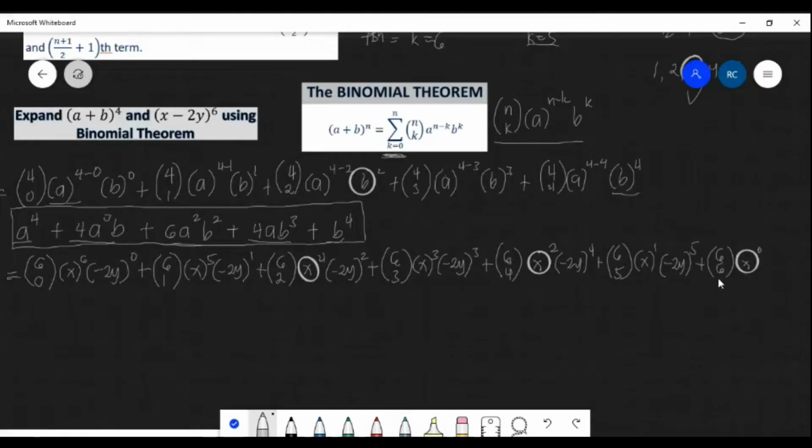Remember, 6 minus 6 is 0, times negative 2y raised to 6.